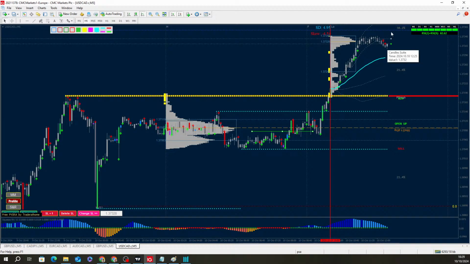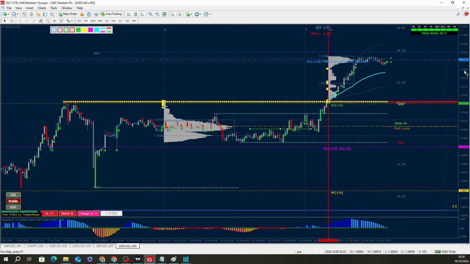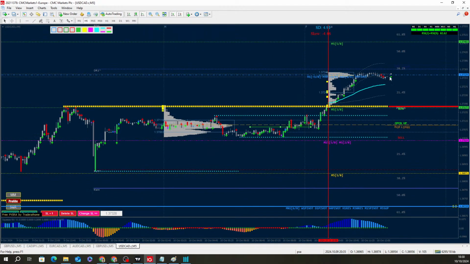So we want to see one more rally. Let me use the Murrey math for this because this trend has been very strong. So we have the 8 of 8 here. So like I said before, oh, this is 4 of 8. Okay, this is not bad. Any manipulation above this high should give us a sell.